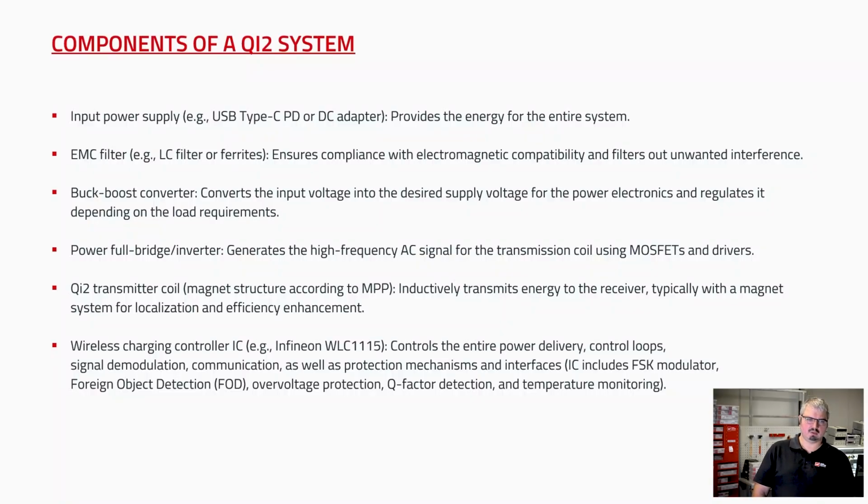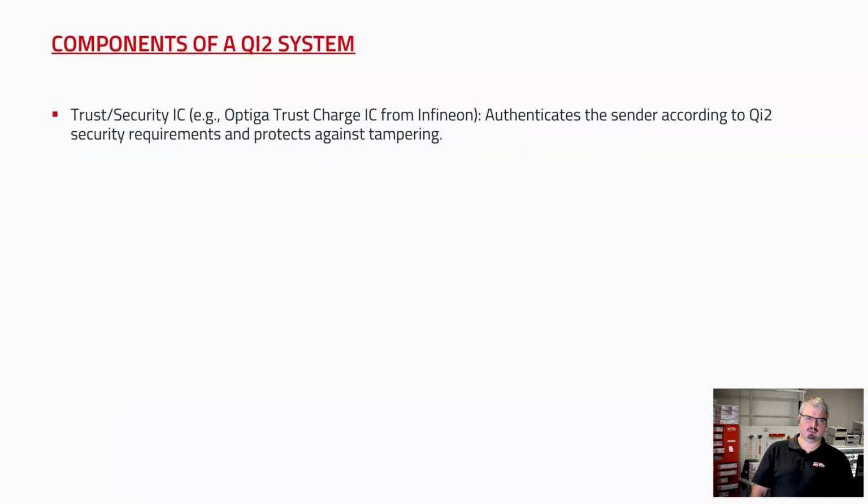Then the core of the system is the wireless charging controller. So we use a charging controller from Infineon, the WLC1115, and it controls the entire power delivery, control loops, signal demodulation, communications, and everything else that is important. Also, you need a trust or security IC.